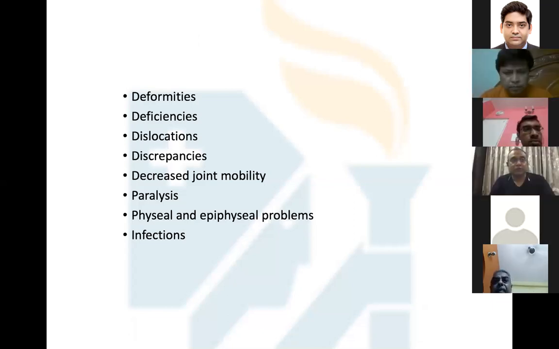So we have to be very thorough in the history taking and the inspection, and 50% of our clinical diagnosis comes from a proper history and inspection. When it comes to dislocated conditions, discrepancies, decreased joint mobility, paralysis, or other physical issues, along with the inspection, we have to add our skills of palpation, movements, and measurements.